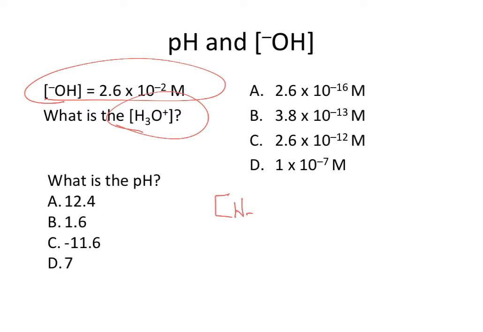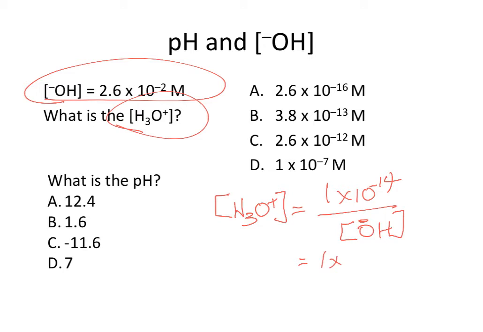So I'm going to rearrange that formula to look like this. Remember, the 1 times 10 to the minus 14 is always on the top here, for those of you who maybe don't like algebra. Let's plug in the value: 1 times 10 to the minus 14 divided by the given concentration of hydroxide.